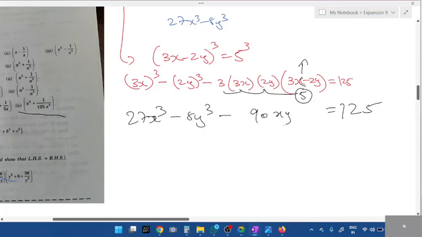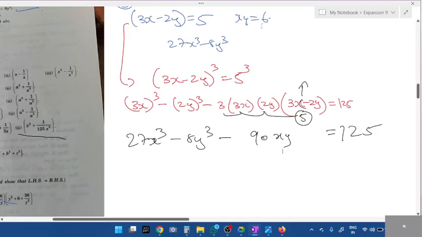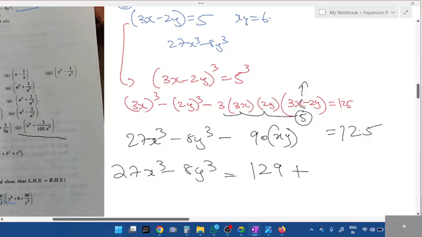What is the xy value given? Yes, 90 into 6, negative goes to the other side. 27x cube minus 8y cube is equal to 125 plus 90 into 6. How much is 90 into 6?